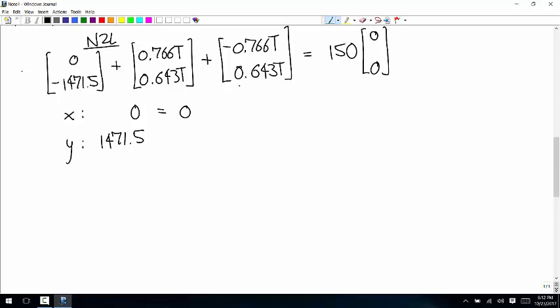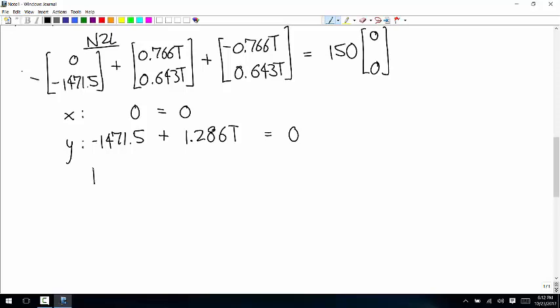Well, you can add those two together and for the y components, those don't cancel. You get 1.286 T is equal to 1471.5. Yes, thank you.